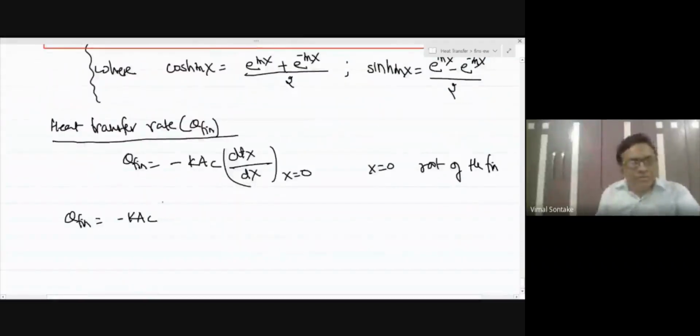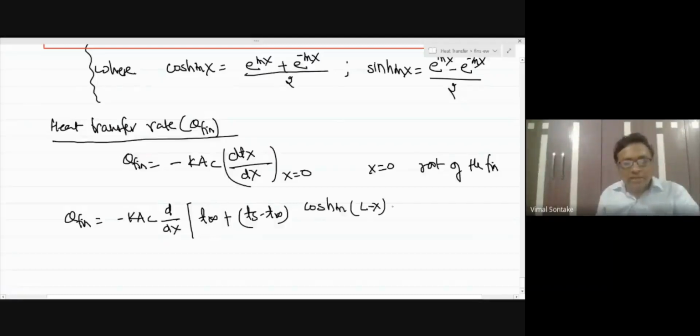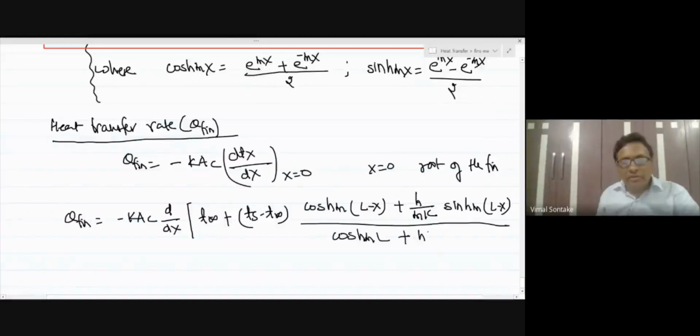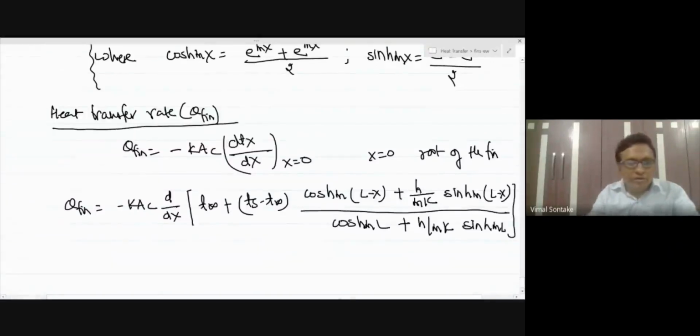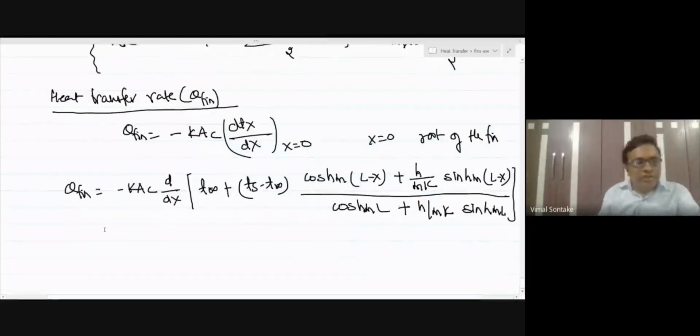So it is T infinity plus Ts minus T infinity times cos hyperbolic m(L minus x) plus h over mk sine hyperbolic m(L minus x) over cos hyperbolic mL plus h over mk sine hyperbolic mL. Big term, requires a lot of effort for me to write. Now if you differentiate it, what will you get?